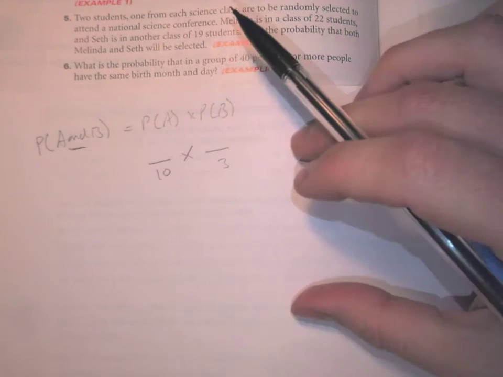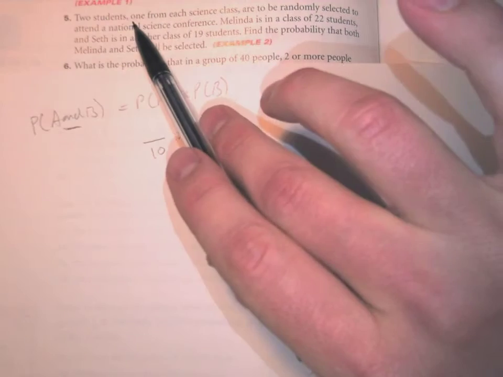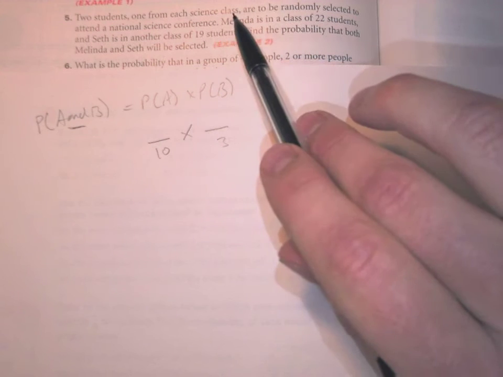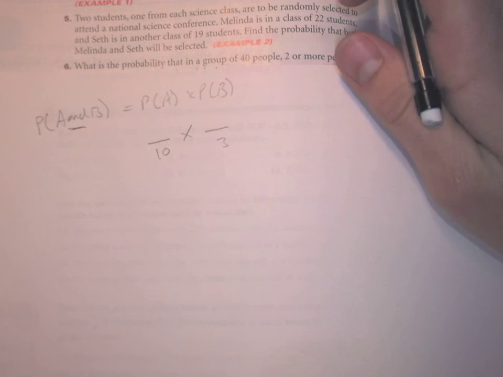Okay, let's look at the next one. Number 5. 2 students, 1 from each science class, are asked randomly to select and attend a national science conference. So there are 2 different science classes. We're picking from 2 completely different sets of people. So the student that I choose from the first class is not going to affect the student that I choose from the second class, which means these events are independent, which is important.